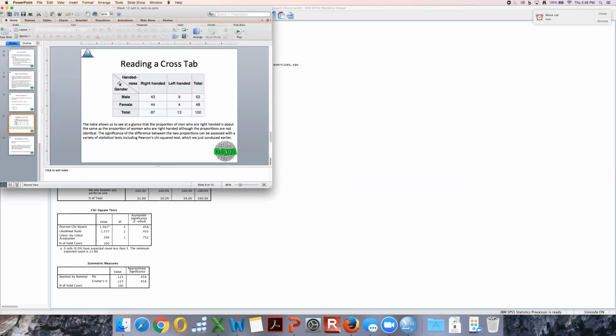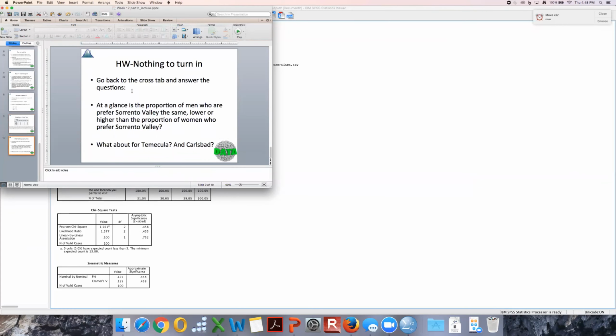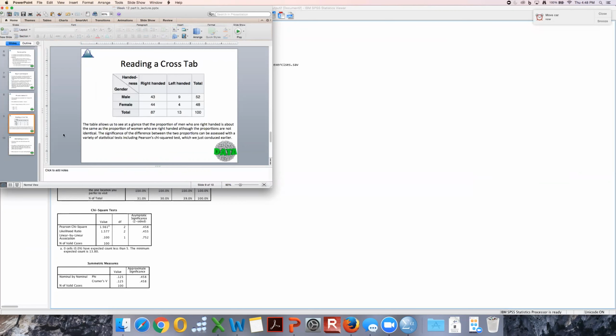Lastly, I said, okay, so the inferential test was not significant, but your homework is to figure out, is there a descriptive difference that you can see? In particular, in this example, the table allows us to see at a glance that the proportion of men who are right-handed is about the same as the proportion of women who are right-handed. See, males right-handed, the number is 43.